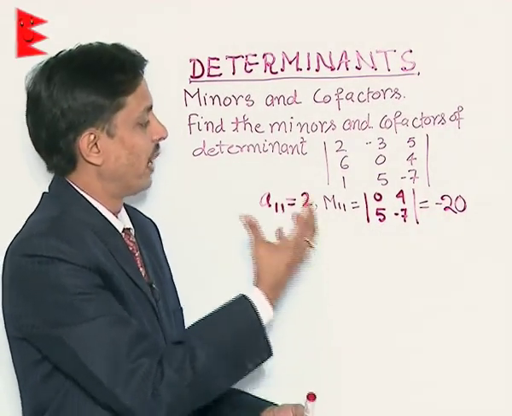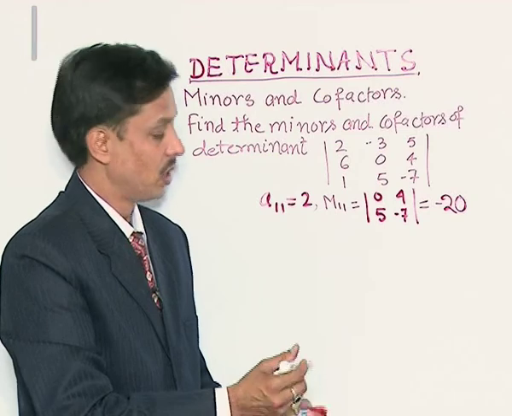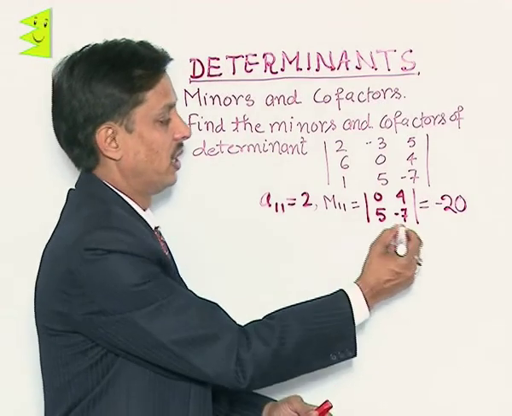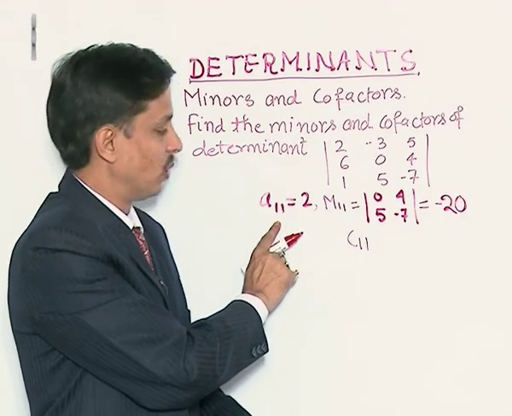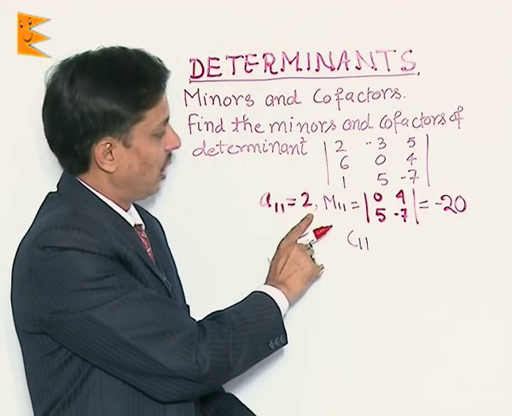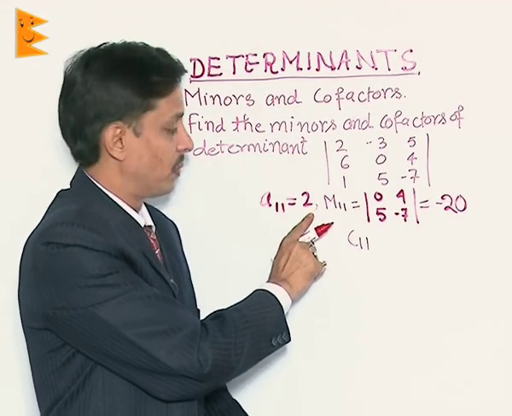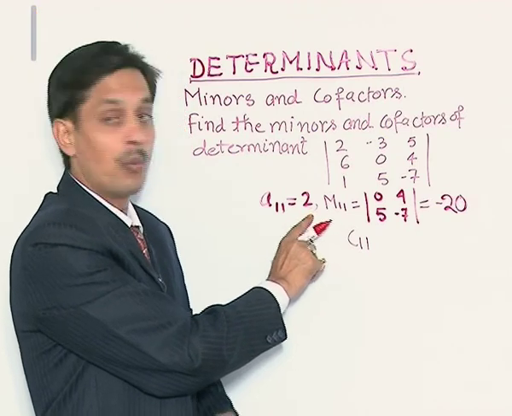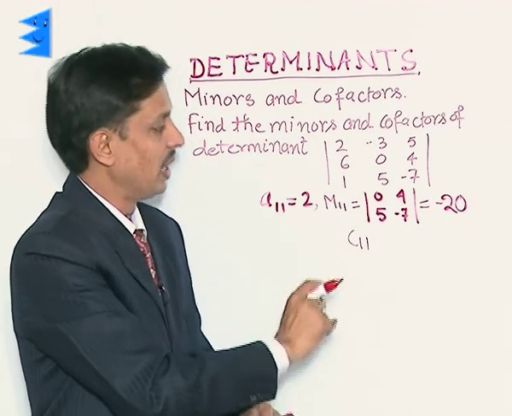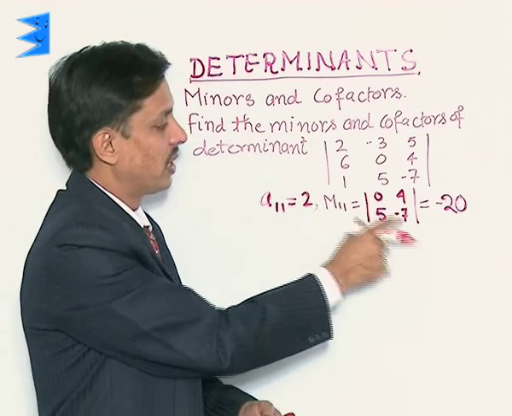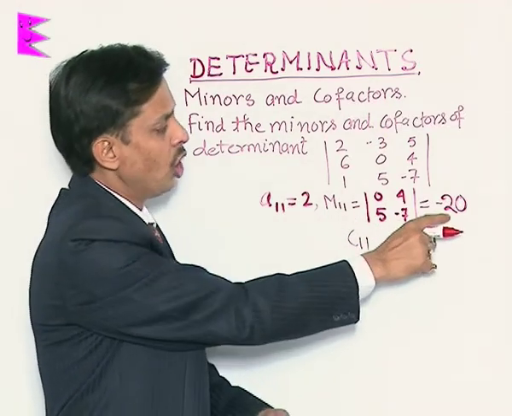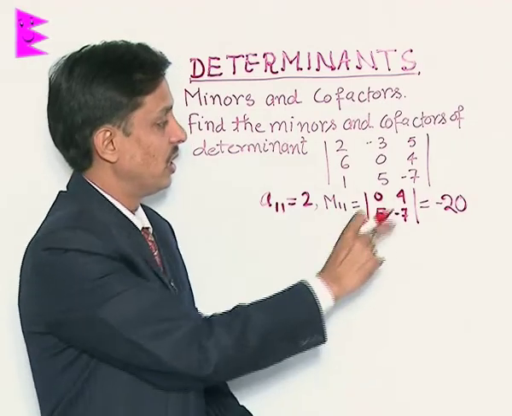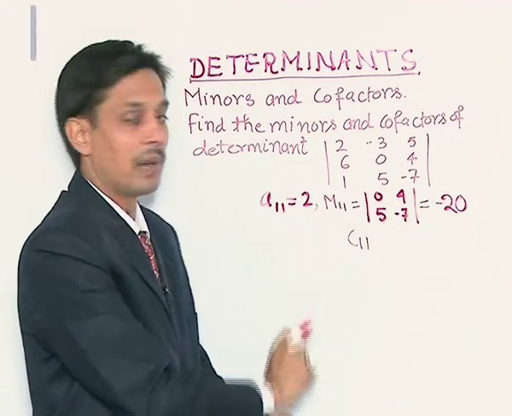If you want to find its cofactor, you can write C11. Element A11 is 2; if the row and column of the corresponding element are hidden, the remaining elements are taken in a determinant, and by cross multiplication the result obtained is -20, the minor.